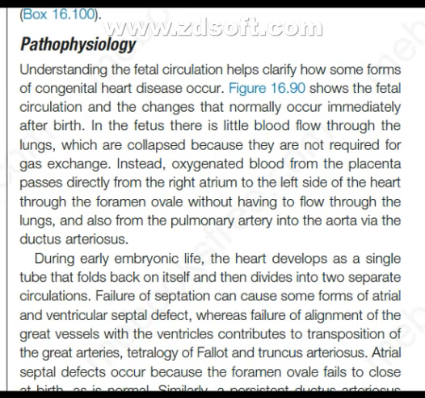During early embryonic life, the heart develops as a single tube that folds back on itself and then divides into two separate circulations. Failure of septation can cause some forms of atrial and ventricular septal defect, whereas failure of alignment of the great vessels with the ventricles contributes to transposition of the great arteries, tetralogy of Fallot and truncus arteriosus.